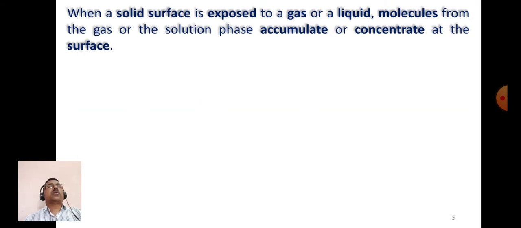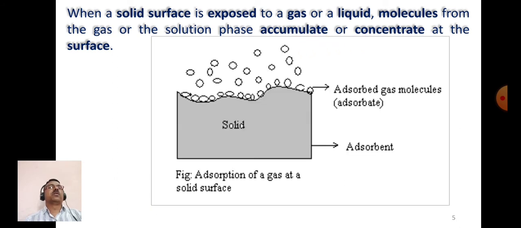So when a solid is exposed to a gas or liquid, the molecules from the gas or liquid accumulate, or you can say concentrate, at the surface. So these are the gas molecules, and these gas molecules are adsorbed at the surface of this solid adsorbent.